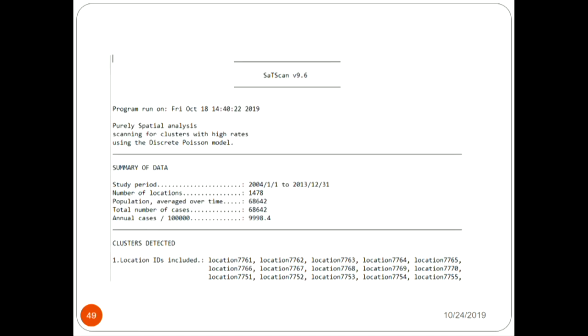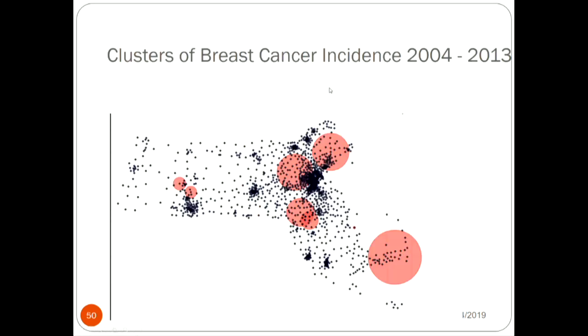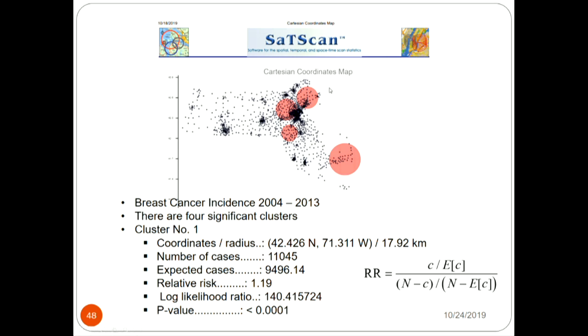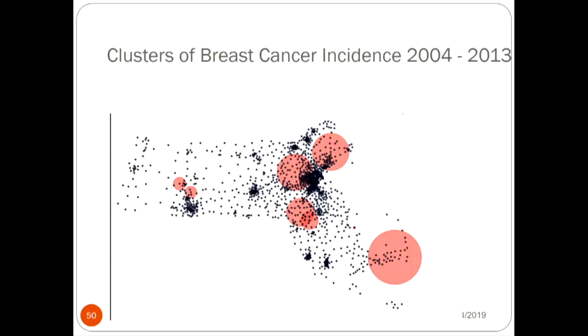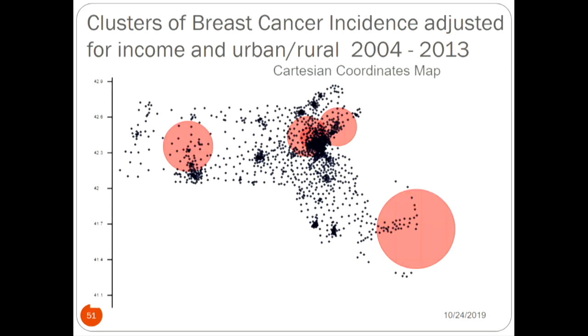So here are the locations inside of the first cluster region. This is output from SaTScan. Here we only present 4 significant clusters, and we have additional 3 clusters which were not significant, but they can also be pointed out in the map area.